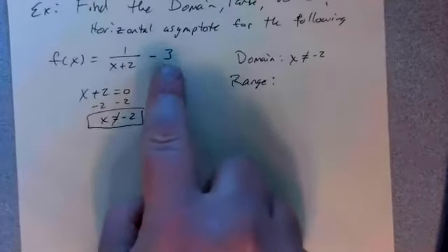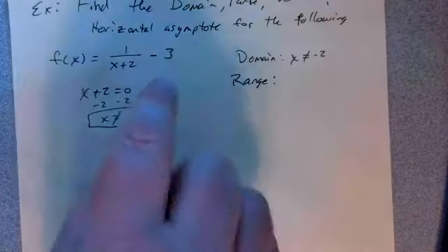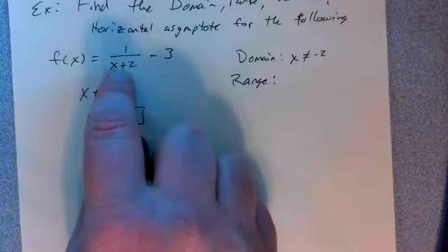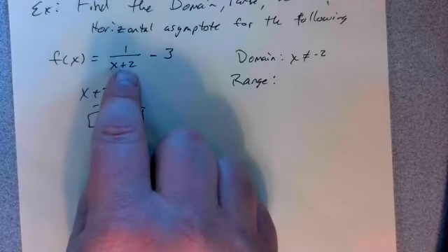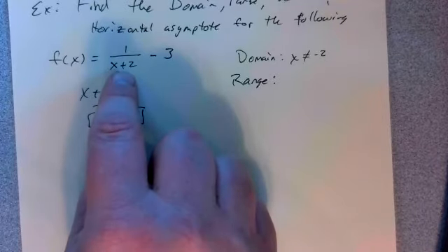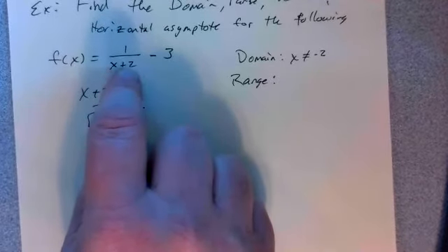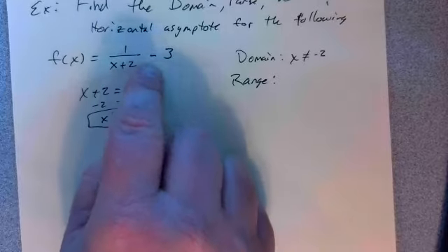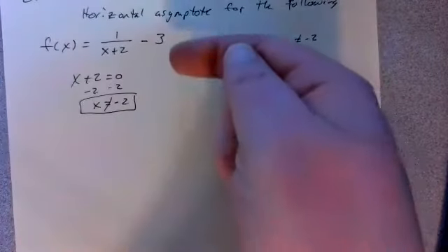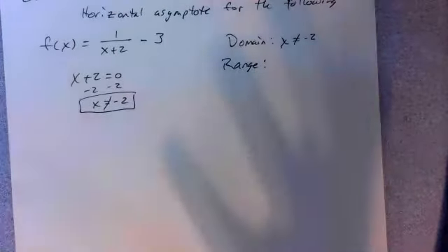So this minus 3 business, if I plugged in, let's say I plug in negative 1, okay? 1 over negative 1 plus 2, negative 1 plus 2 is 1, so 1 over 1 is 1. If I take 1 and I subtract 3 from it, I'm going to go down 3 units, right?